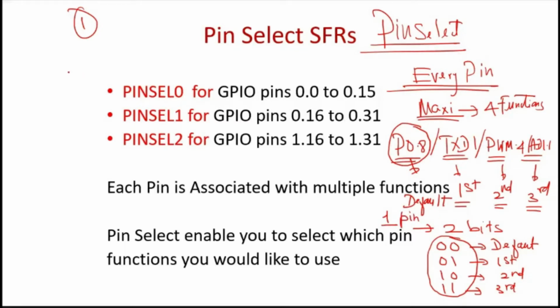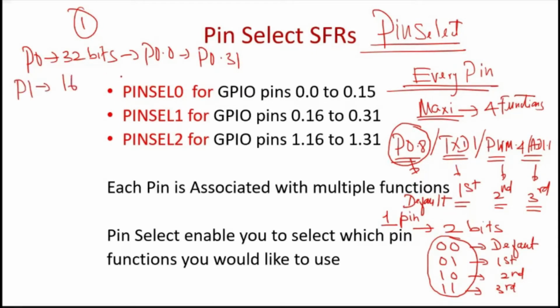In general, how many pins do we have? Port 0 has 32 bits. Theoretically, practically it has only 29, but for theoretical discussion it has port 0.0 to 0.31. Port 1 has 16 bits, port 1.16 to port 1.31.